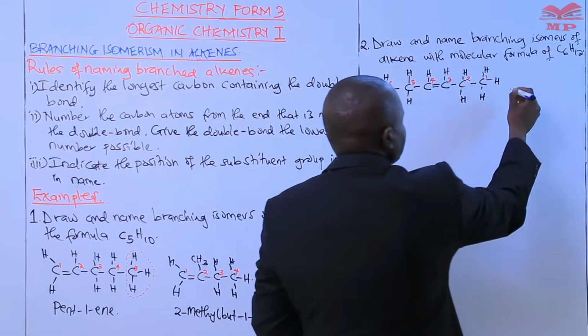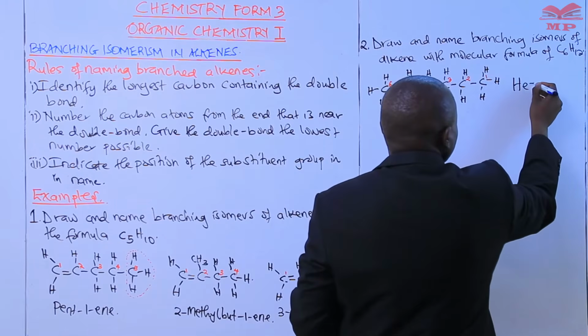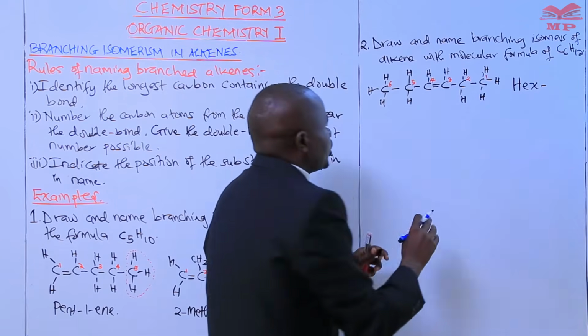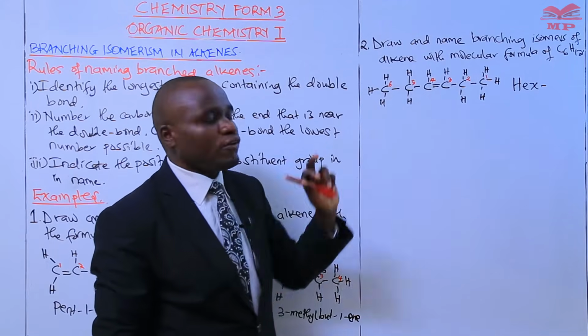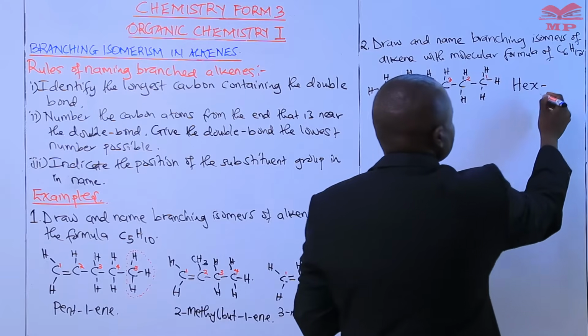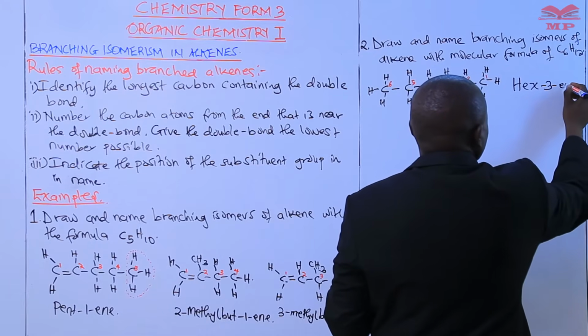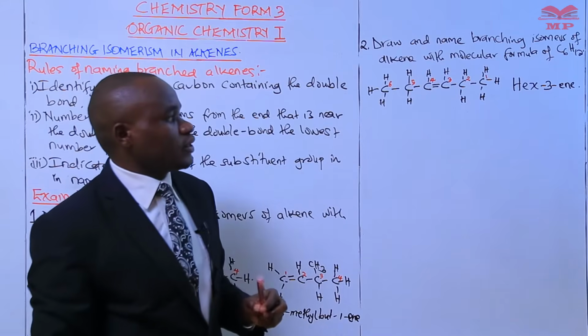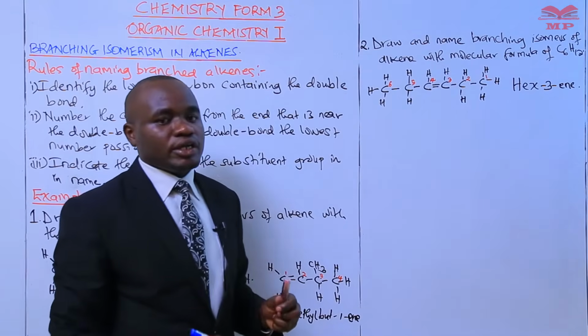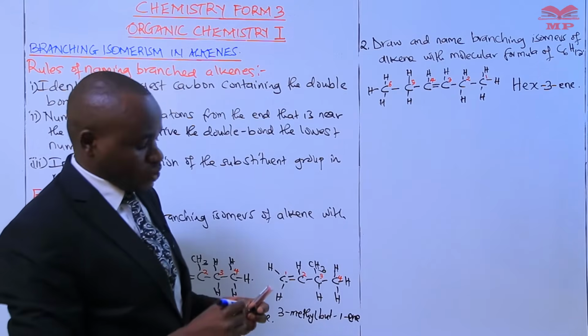So therefore, the name will be hex, then the dash. The location of the double bond is between carbon 3 and carbon 4. The lowest number is 3. And then you finish with the word ENE. So the name is hex-3-ene. So that is the correct name of that one.